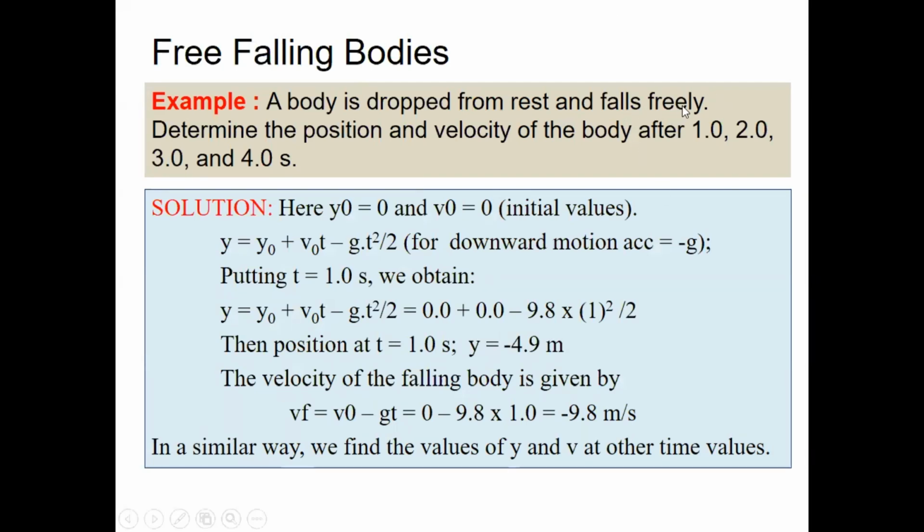A free fall also means that there is no drift, no friction and no air resistance. So the question is to find out the position and velocity of the body after 1 second, 2 seconds, 3 seconds, 4 seconds. From the statement of the question, we first decide that the vertical drop is taking place, therefore the y coordinate will be employed.